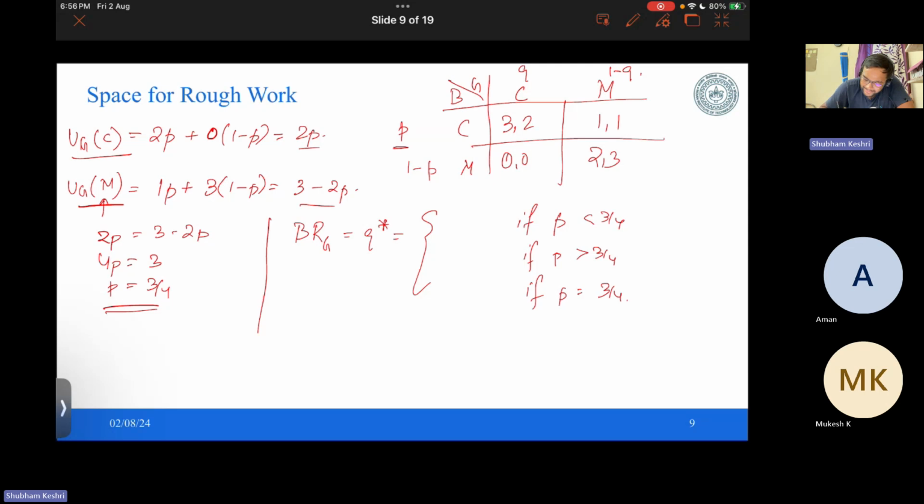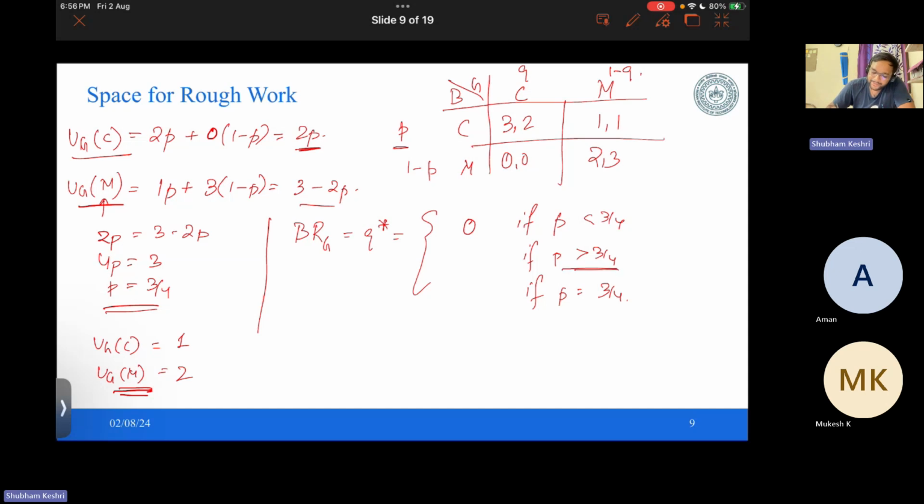So when P is less than 3 by 4, suppose we take any value, take half. When P is half, this will become 1, and this will become 2. So you see, the girl will try to go for a movie. Therefore, Q will become 0. So when P is less than 3 by 4, the girl will always go for movie.